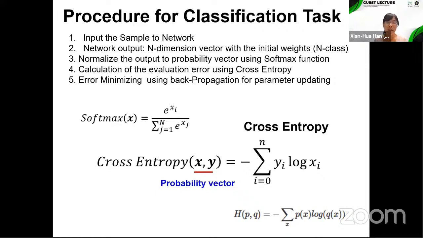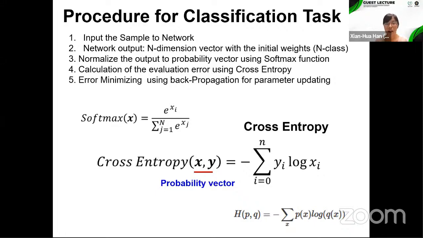Because the real output of a neural network may have different values, maybe less than zero, we need to normalize the values into meaningful ones, such as probability vectors. Then we calculate the evaluation error using cross-entropy, and use back propagation to update the parameters.